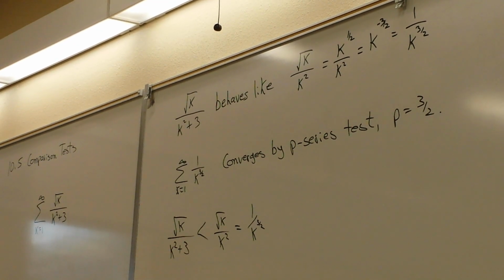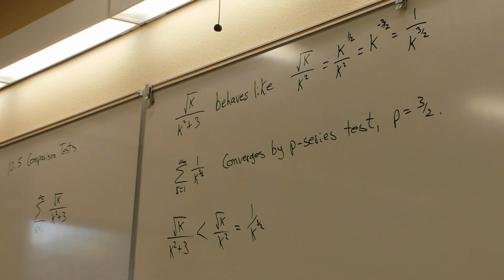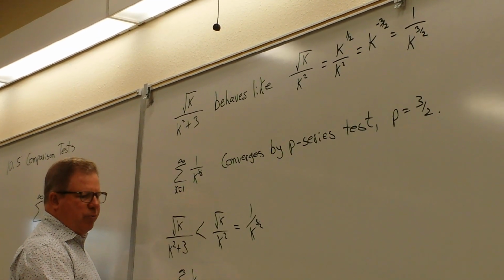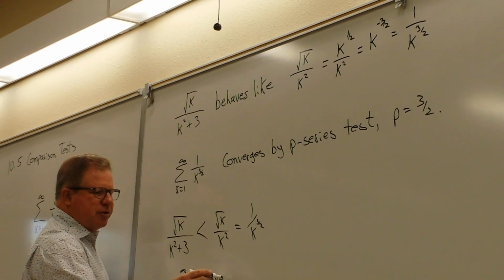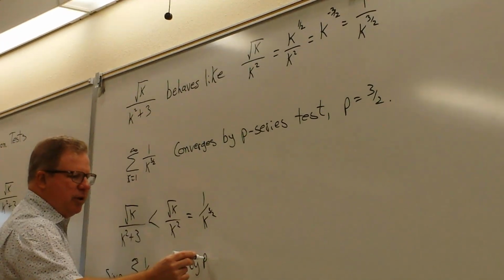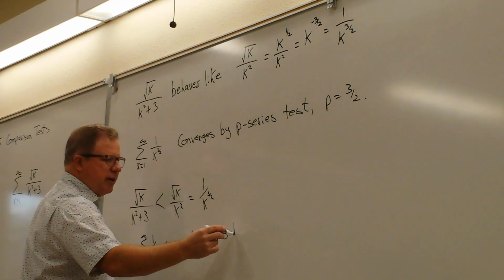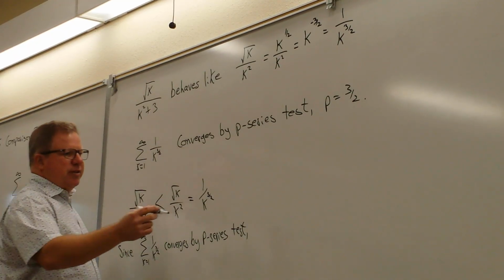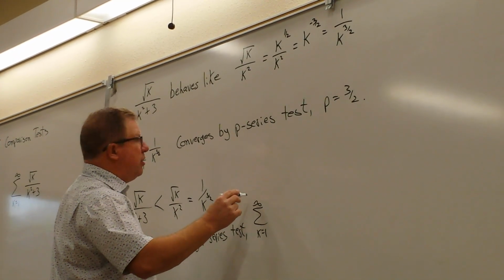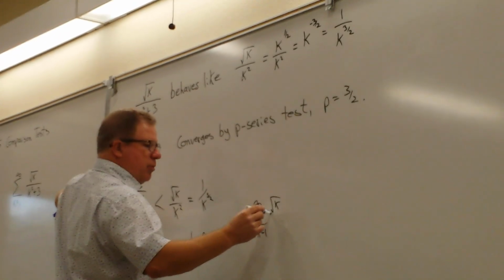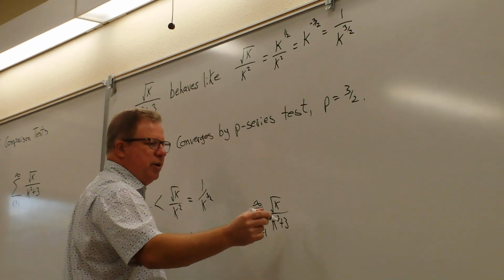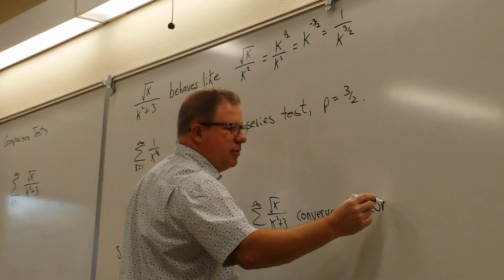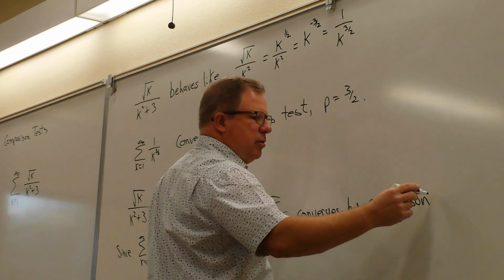Since the sum k equals 1 to infinity of 1 over k to the 3 halves converges by p-series test, the sum k equals 1 to infinity of our given series, square root k over k squared plus 3, converges by comparison test.